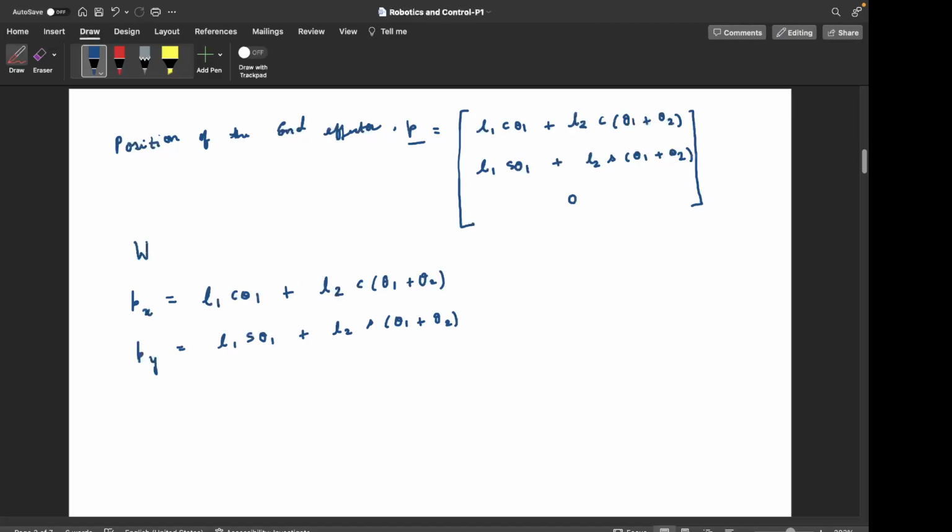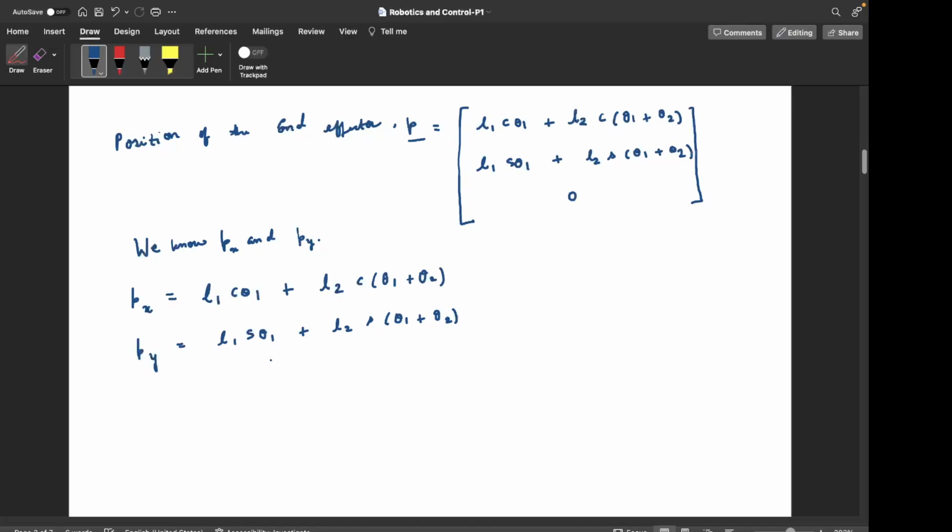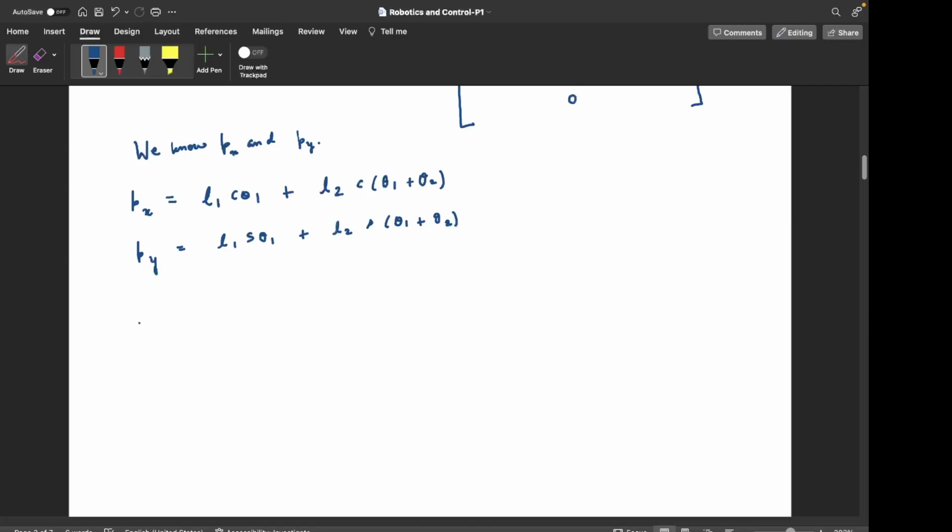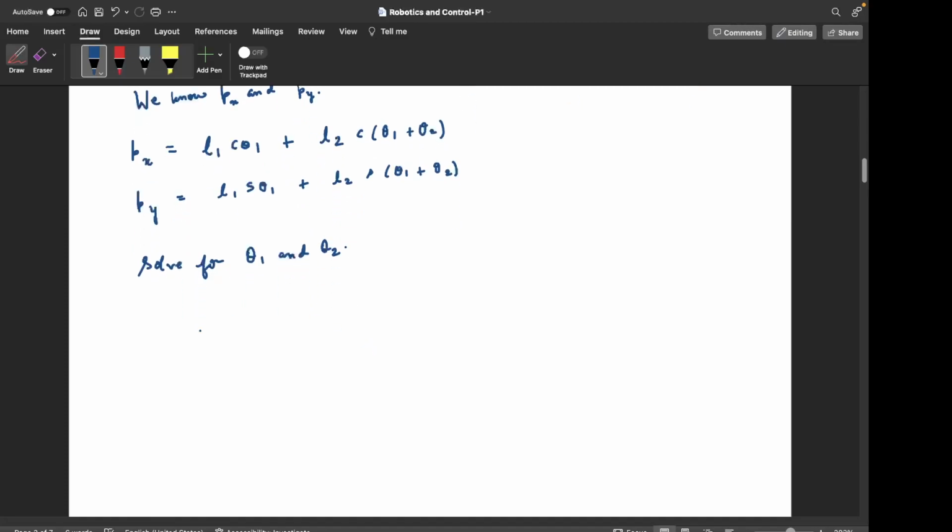And we know px and py, and what do we want? So solve for theta 1 and theta 2. Okay, so now we have done the hard part.